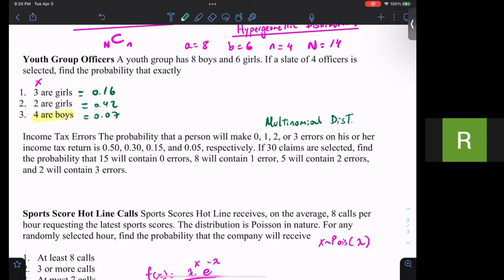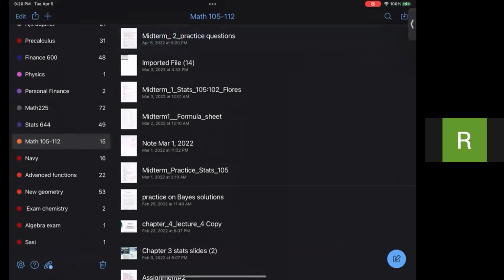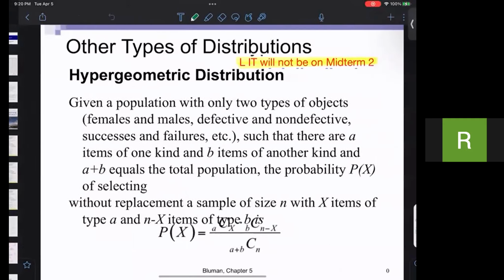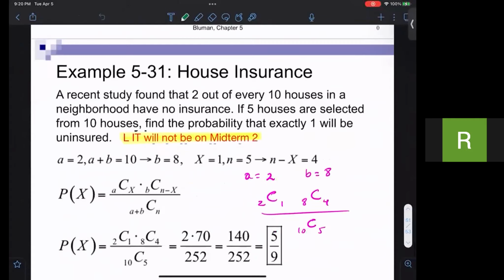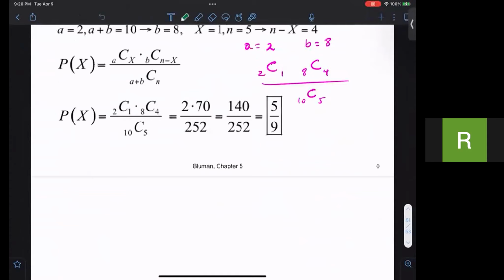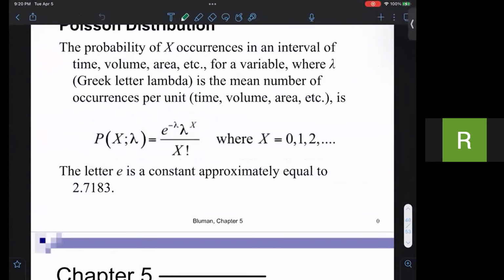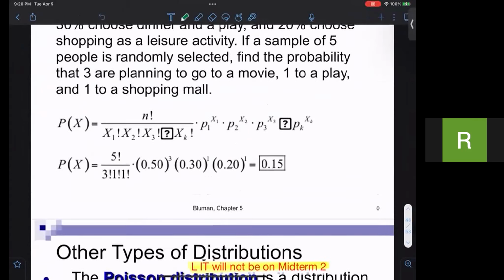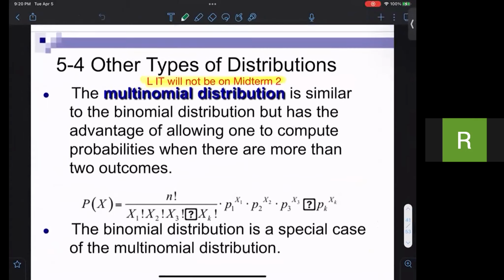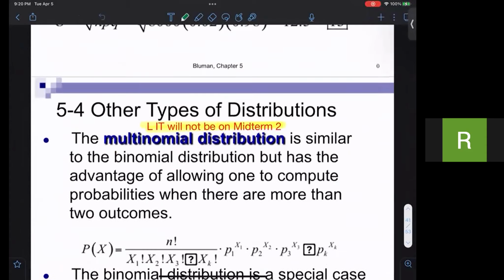You have to read that section a little bit so you can understand what they're talking about. I'm going to go to the slide really quick so you can understand what I'm doing. The multinomial distribution is here.